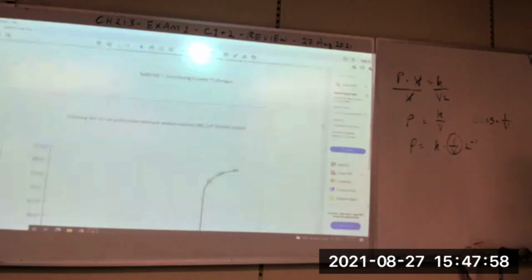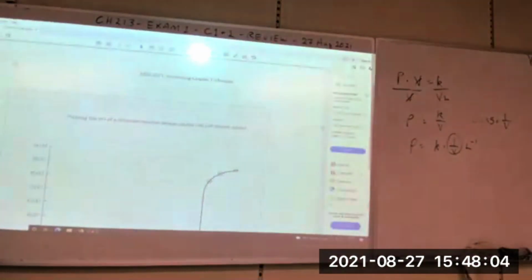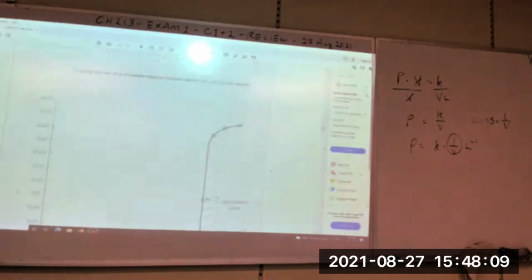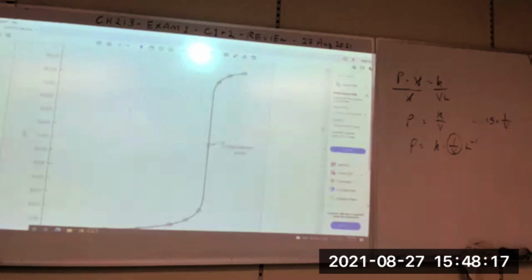You can have some really weird shapes unless you recognize where they come from and the chemistry behind it. So in this case, there's your title up here. And then here we plot. Okay, that needs to be shrunk a little bit, I guess.